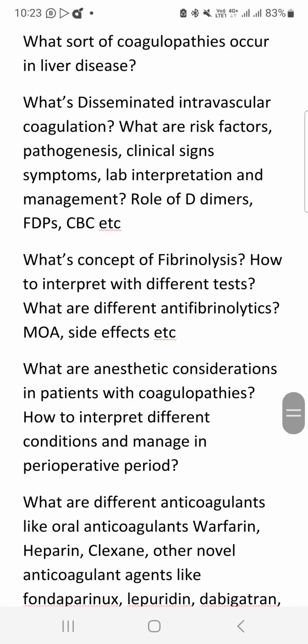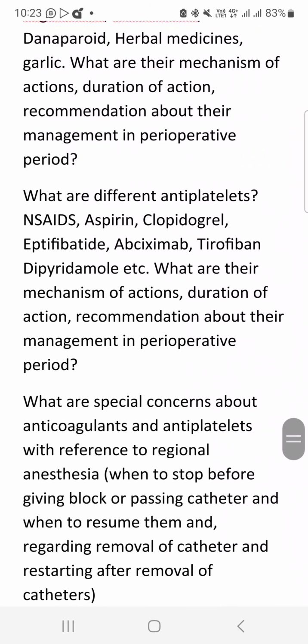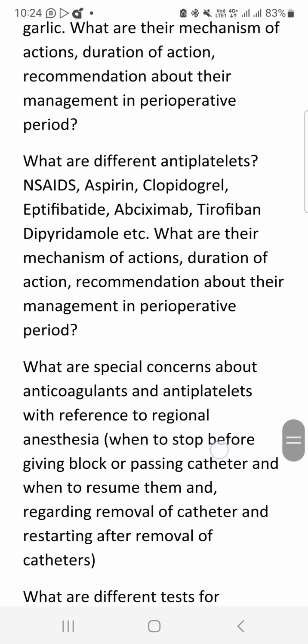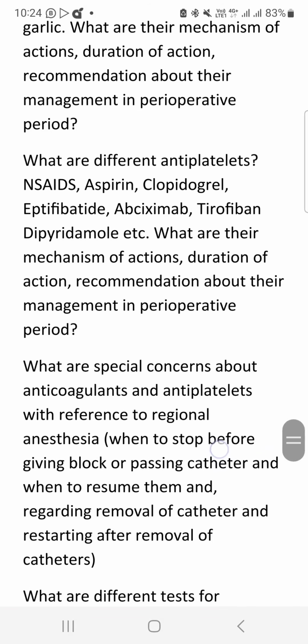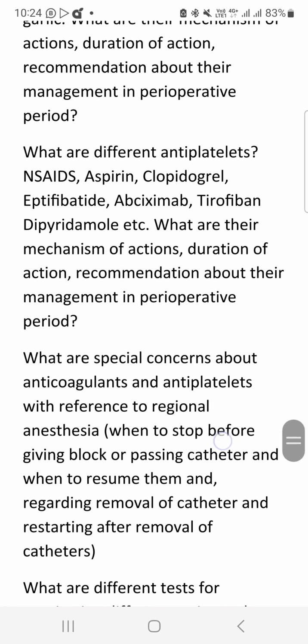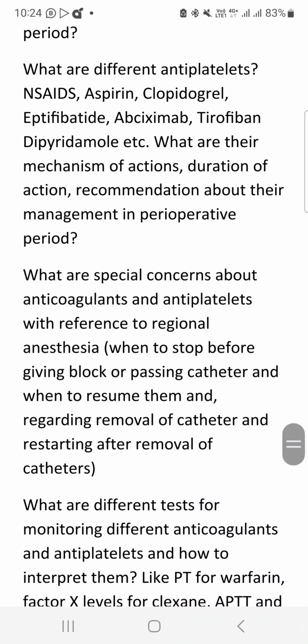Okay, so fibrinolysis, antifibrinolytic medications, what is the role of NSAIDs, aspirin, and mind it, I never recall the word, but you should be knowing the classification of anticoagulants, classification of antiplatelets, different types, and of course another topic will come here, which is HIT, heparin induced thrombocytopenia. It can be asked in table viva.